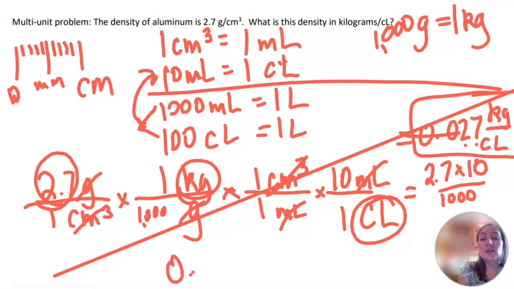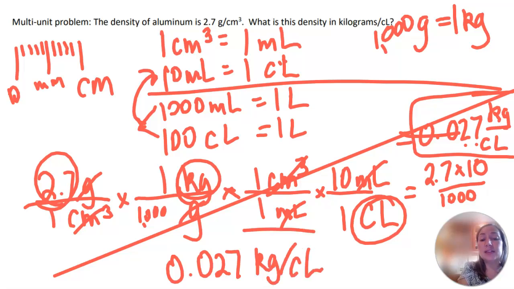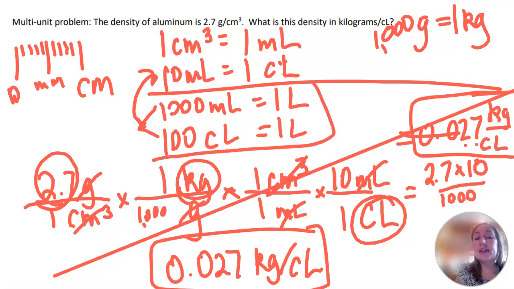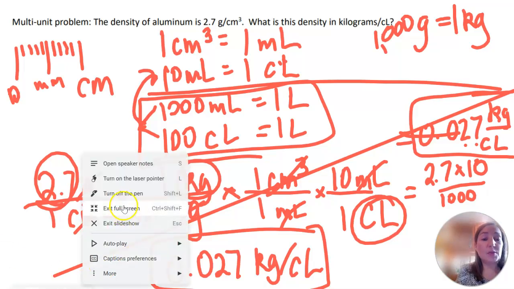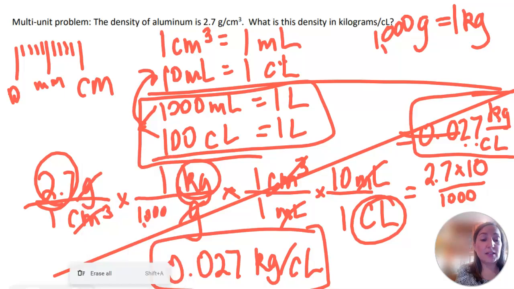So again, 0.027 kilograms per centiliter. Now, like I said, we could try this using some extra volume calculations. There would be nothing wrong with doing that. If you want to see that, I could show that as well. Otherwise, you can stop if you're like, oh, I've seen enough.